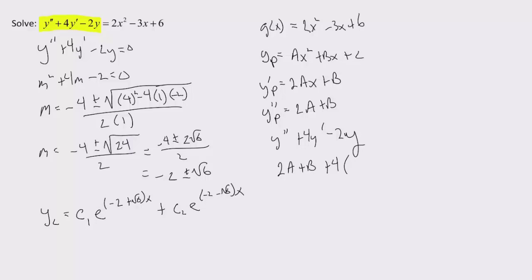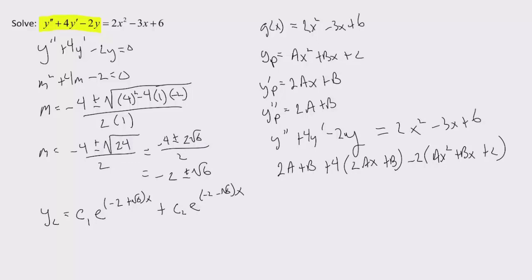Okay, so then 4 times 2ax plus b, minus 2 times ax squared plus bx plus c. So we're going to clean that up a little bit, and again, we're connecting that. All of this has to be equivalent to the original differential's right side, 2x squared minus 3x plus 6.